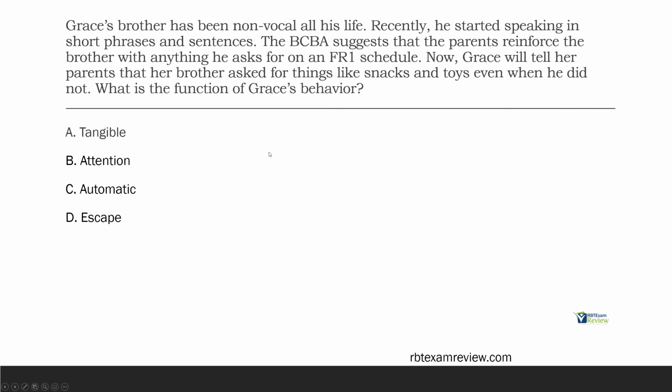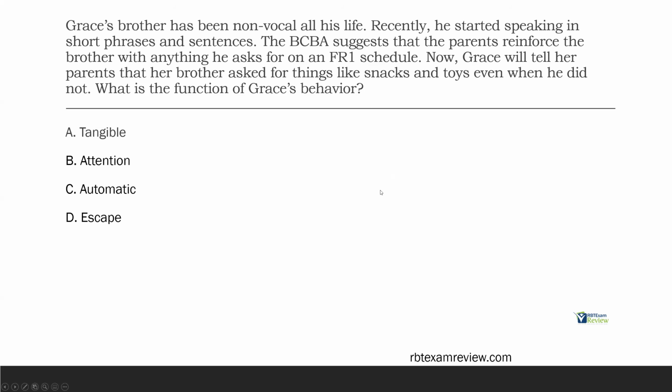It doesn't appear that Grace is lacking any sort of attention in this scenario, okay? So based on our information given, including what happens when her brother asks for something, tangible is still our best option. Remember, we want the best answer, okay? Automatic reinforcement, automatic/sensory. Is this happening by herself?